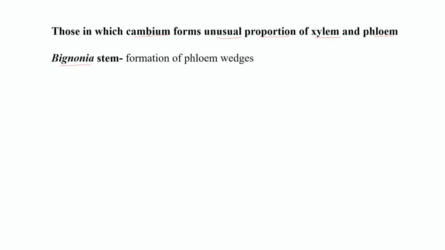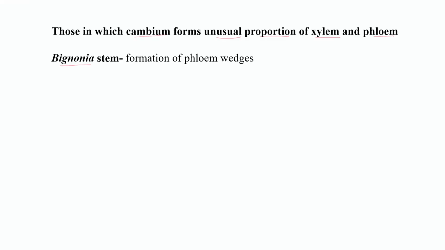Bignonia are creepers or lianas, climbing plants. Many times you will see such anomalous behavior in lianas, because that might give them some support or some advantage during their growth. Bignonia is also known as cross vine.